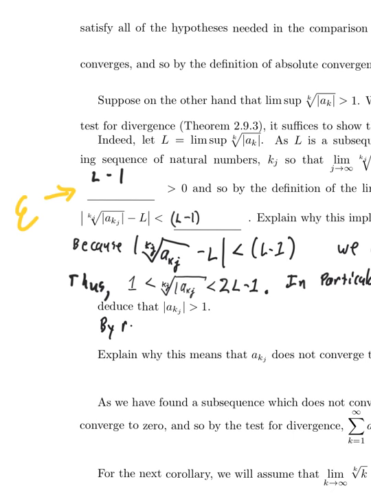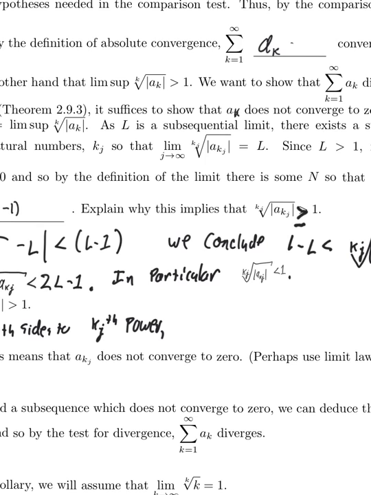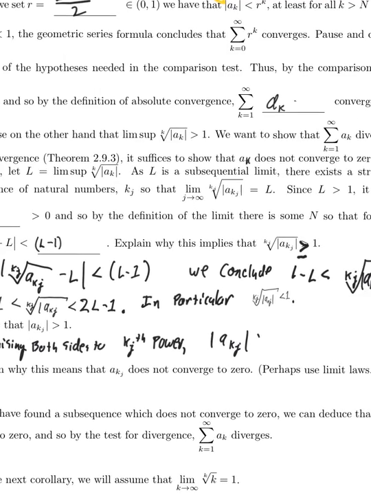So by raising both sides to the k sub jth power, the absolute value of a sub k sub j is... I goofed there, didn't I?